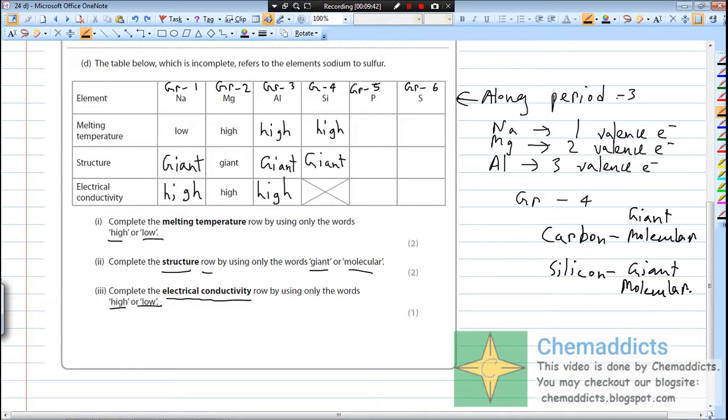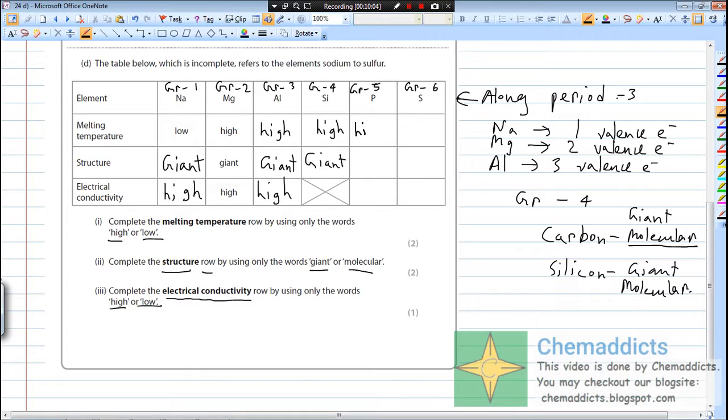Okay, compounds like silicon dioxide, etc. So that's why it will have high melting temperature, since it has a giant molecular structure. Molecular, I repeat again, giant molecular, not giant metallic, it is giant molecular.